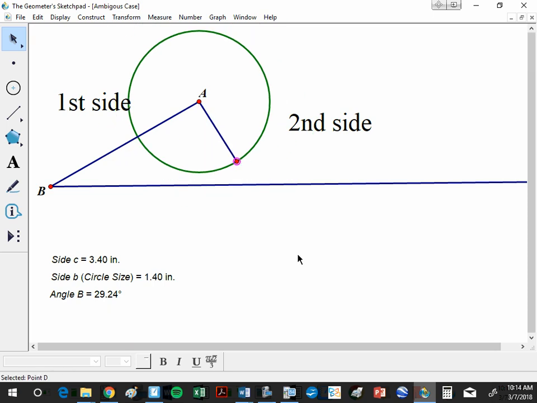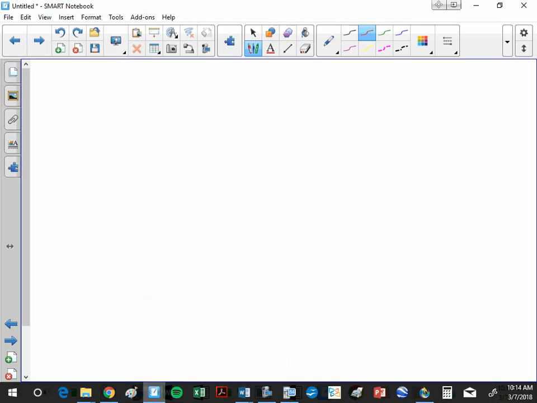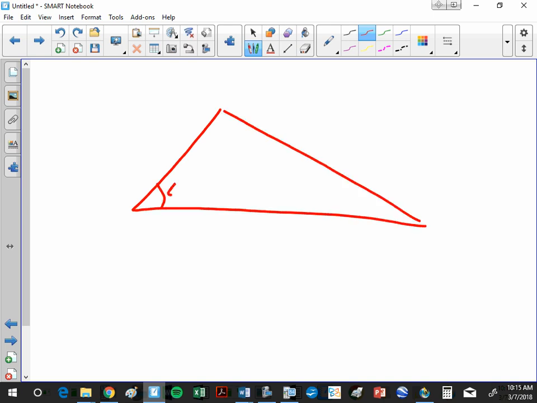Okay? So how do we tell? Well, let's work a couple examples, and then we'll see. Let's do one that we know has one triangle. So this will say 60 degrees and 5.